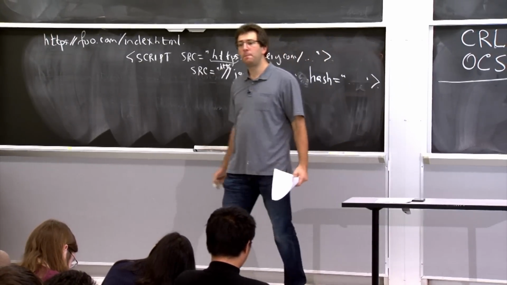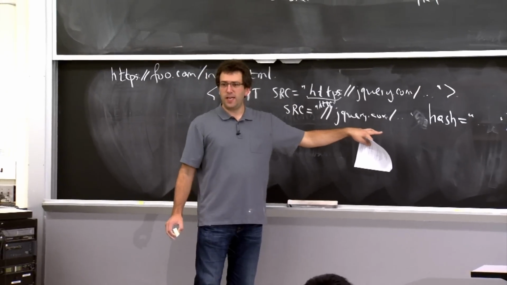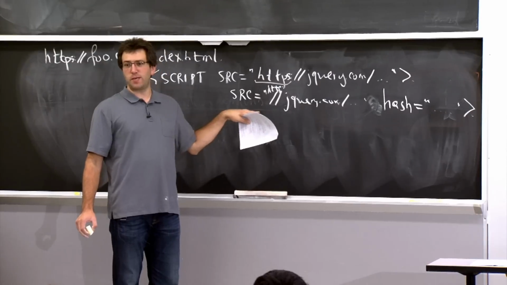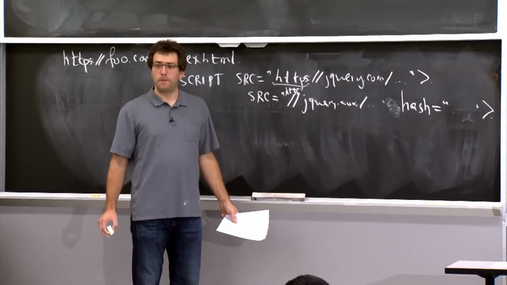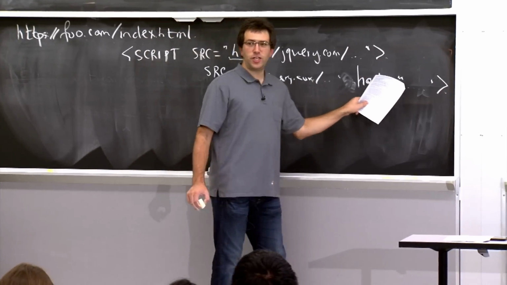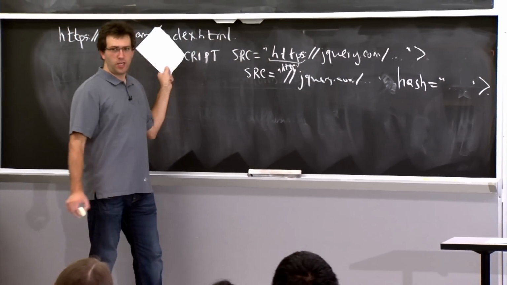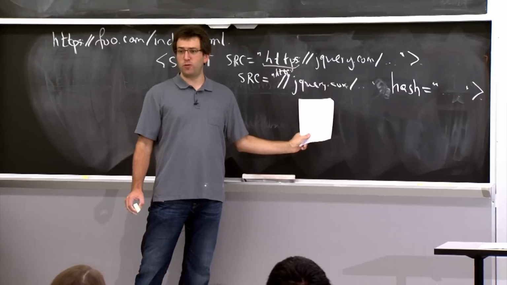Yeah? Doesn't this code sit at the client? Well, it runs at the client, but the client fetches this code from some server. Can't anybody just fetch it and see what the hash is? Yeah, so I think the point of the hash is to protect the containing page from attackers that inject different JavaScript code here.